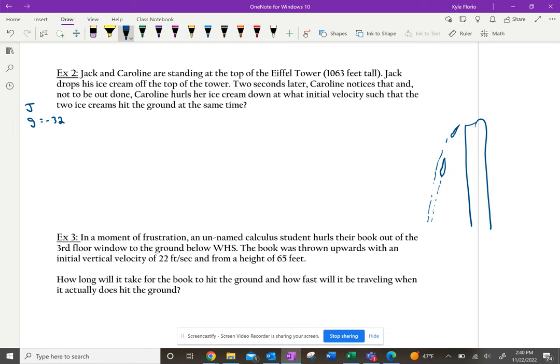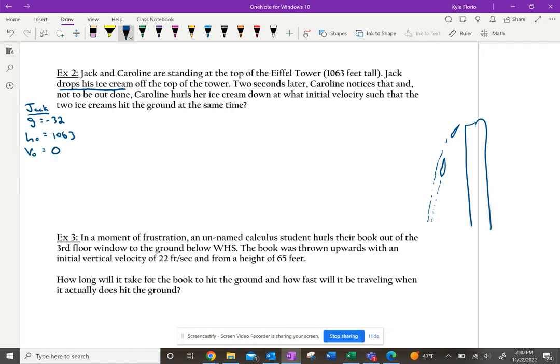Now let's talk about Jack first. Jack and Caroline are off the Eiffel Tower, which is 1,063 feet tall, so that's the initial height: 1,063. Jack drops his ice cream, which means his initial velocity is 0.